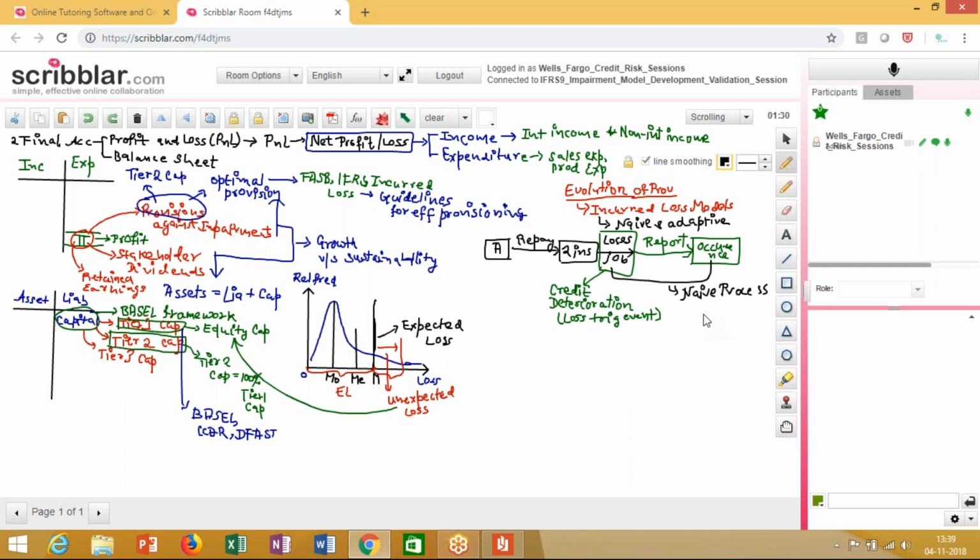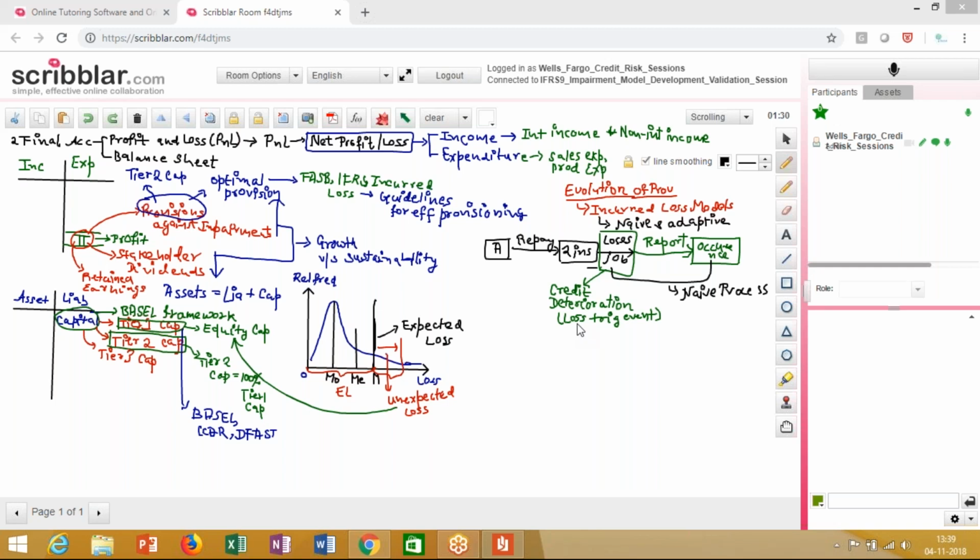So over here, what we have is the loss occurrence, and hence this process was a naive process. And hence the losses that you are provisioning for, you are provisioning once they have already been incurred, right?